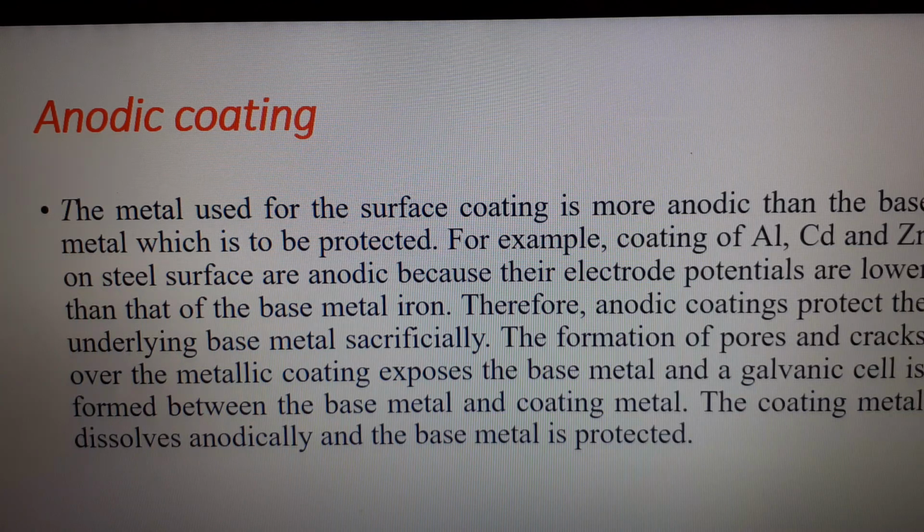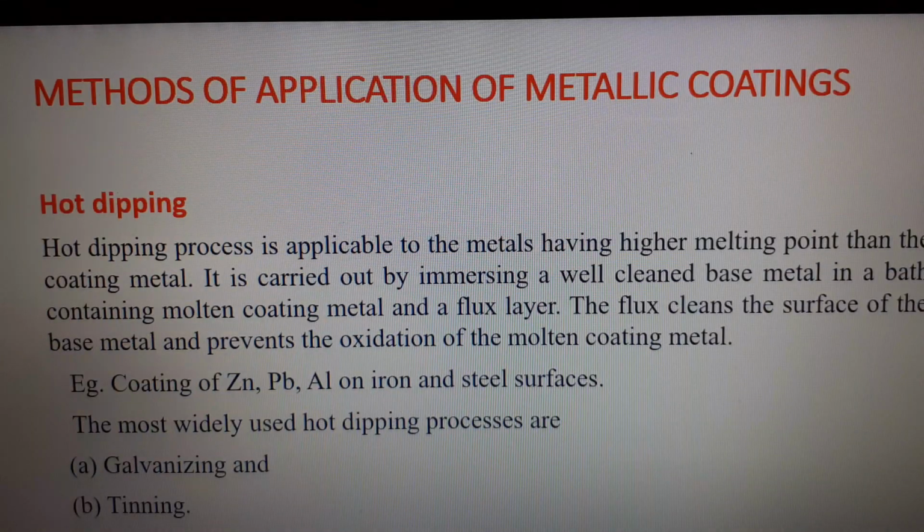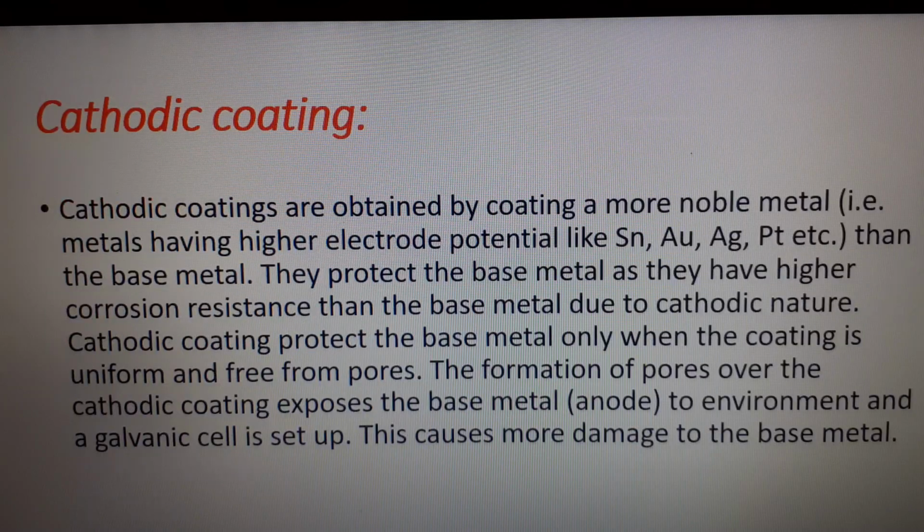Thus, no attack of the iron occurs until practically all the zinc has first corroded in the vicinity of the exposed iron spot. So, zinc coating protects iron sacrificially, and this is sacrificial, right?